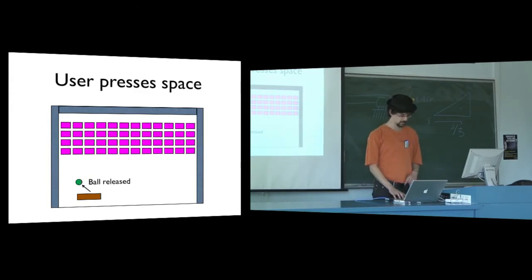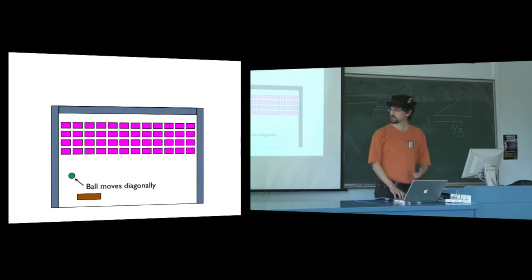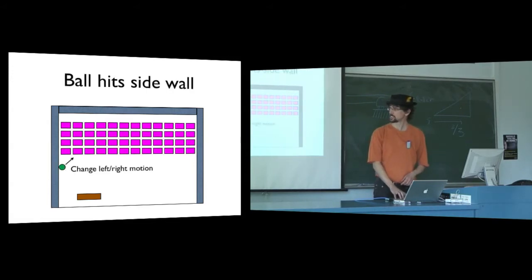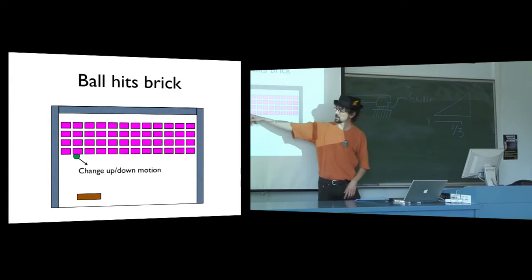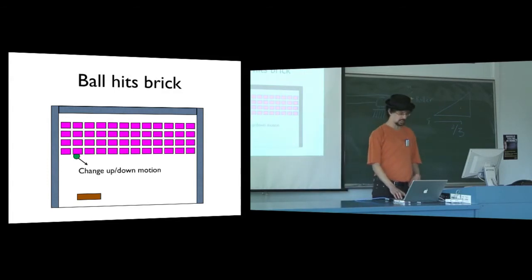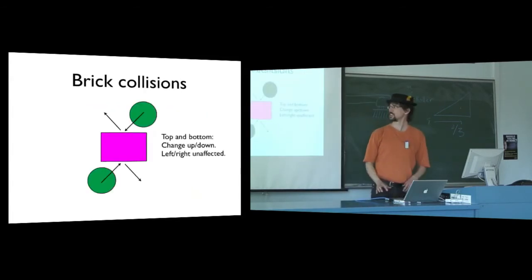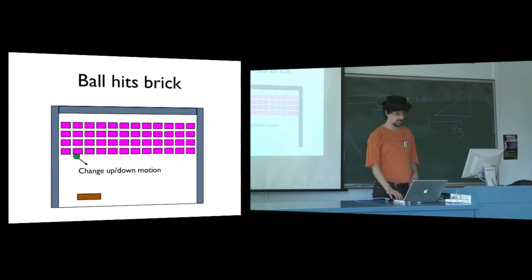The ball moves diagonally, and when it hits the wall, it changes its left-right motion. When it hits a brick, it'll change its up-down motion, and it'll start moving downwards. Actually, it's a little bit more complicated than that, because later on we're going to be hitting bricks from other sides.